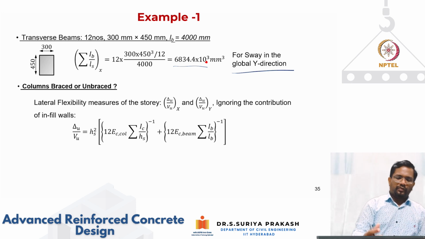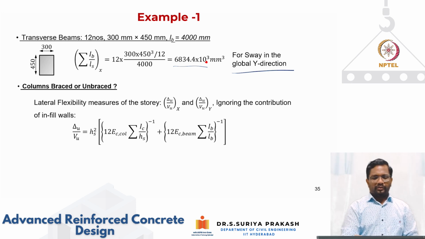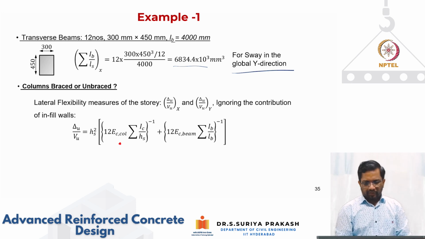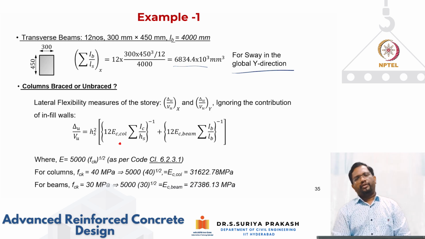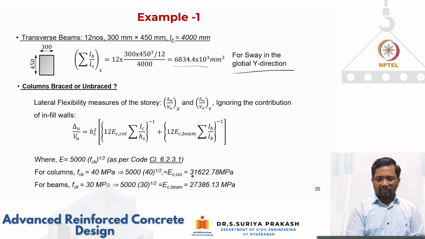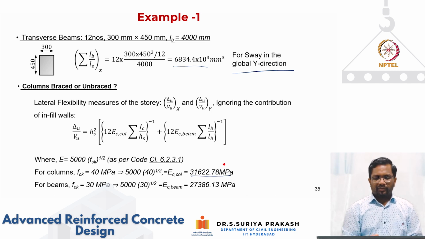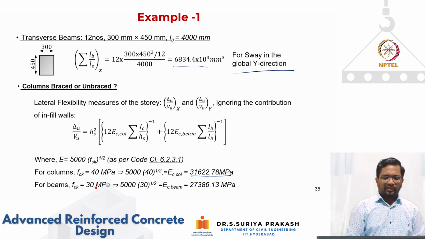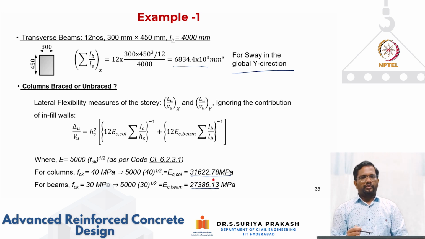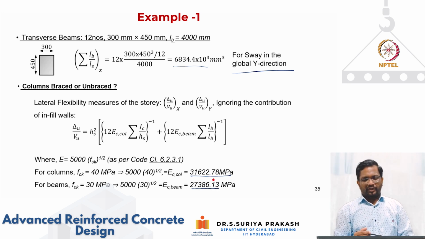So once you have all the values, we plug them in, and the E value again comes from 5,000 square root of FCK. For all the columns, it is going to have the same elastic modulus of 31,622. And for beams, because you have 30 megapascal strength, the elastic modulus of the beam is going to be 5,000 square root of FCK, which is 27,386.